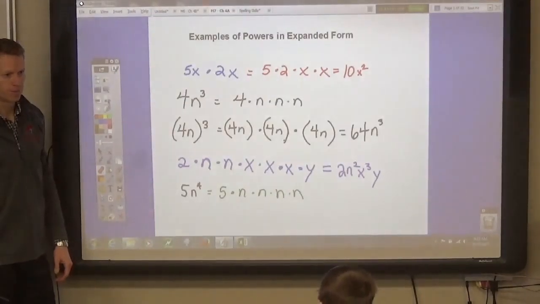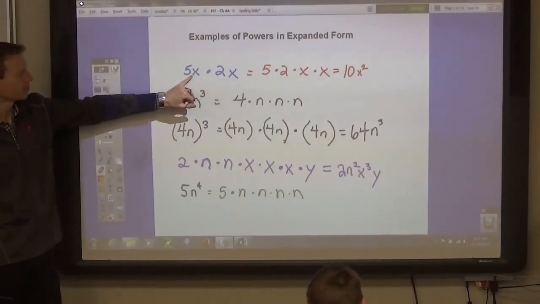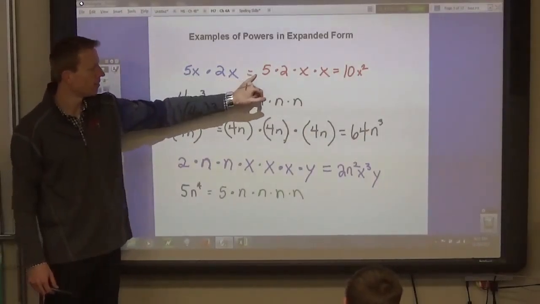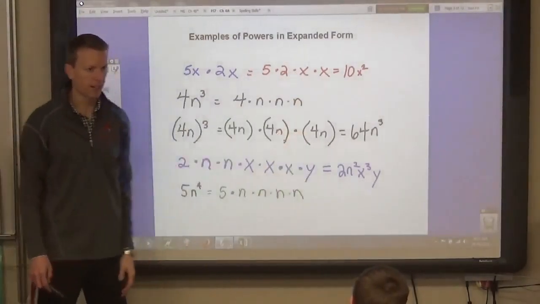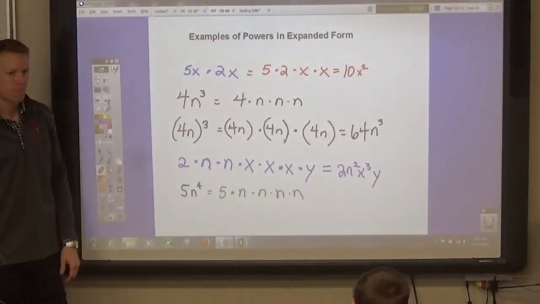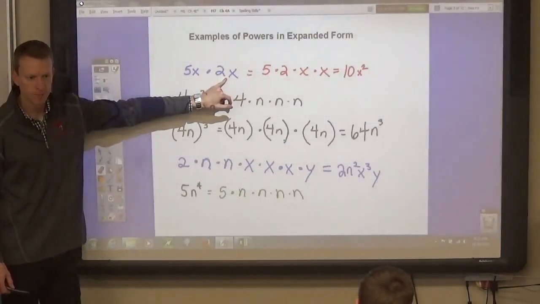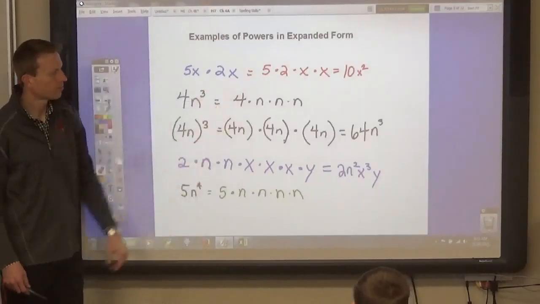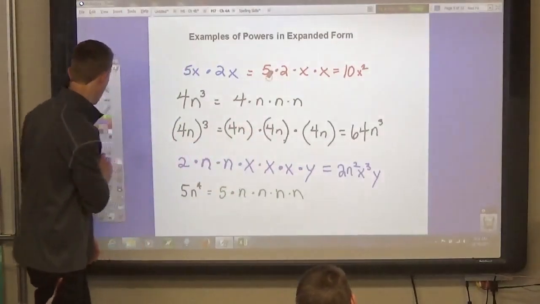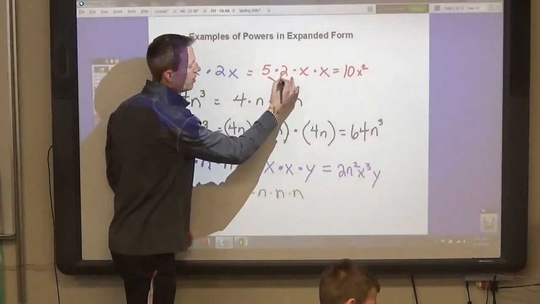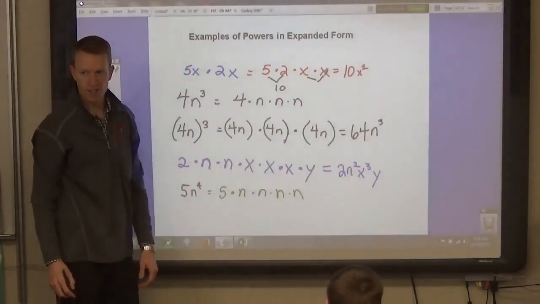Rewrite that in your notes as the first example. 5x times 2x equals 5 times 2 times x times x. And then you can see how 5x times 2x is 10x squared, because 5 times 2 is 10, and x times x is x squared.